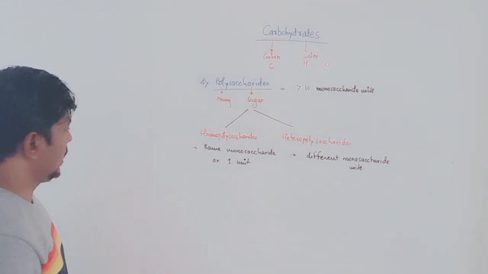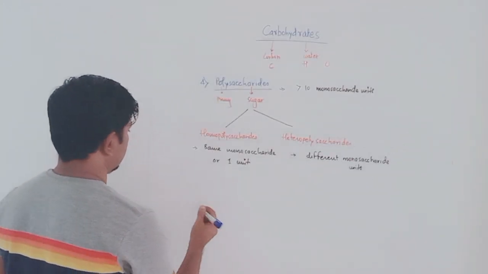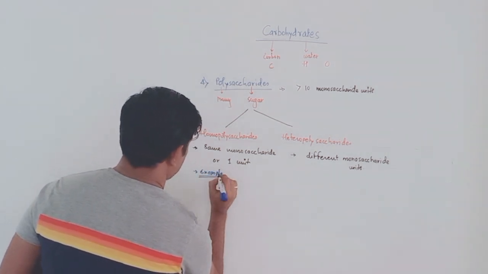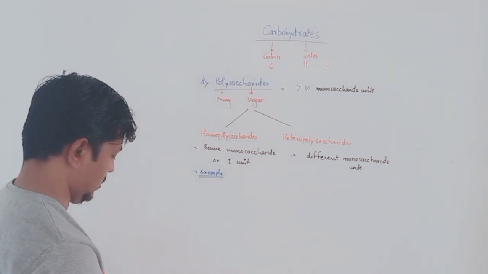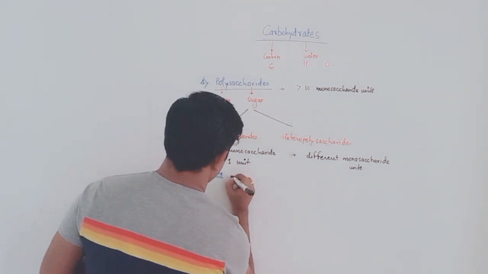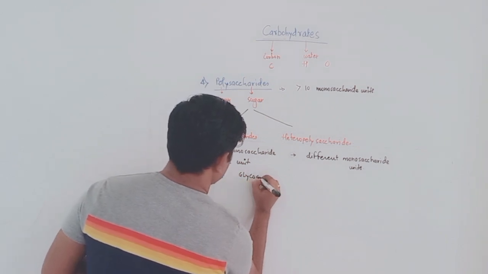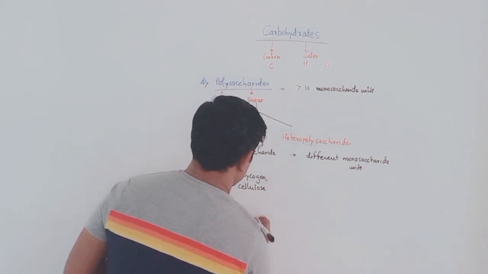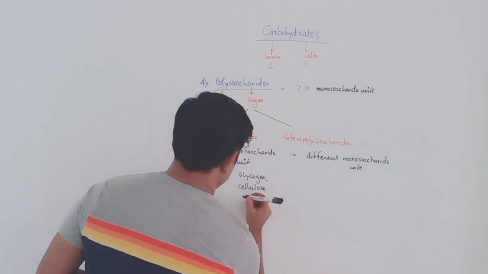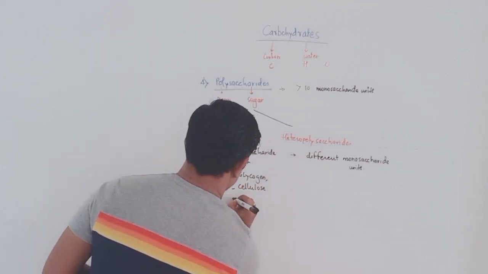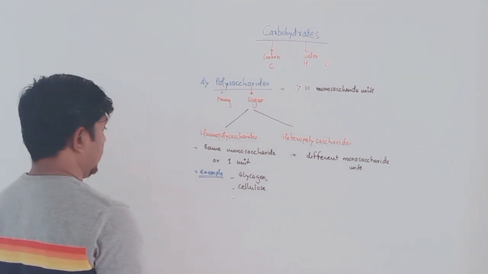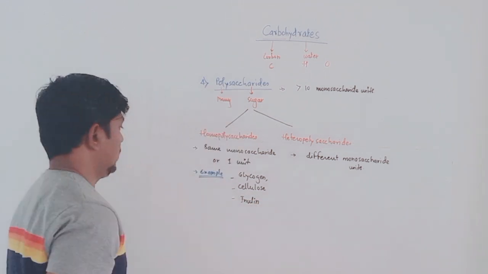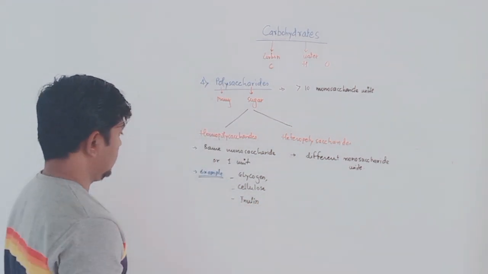So what are the examples of homopolysaccharides? The examples are glycogen, cellulose, then we have inulin, we have starch.